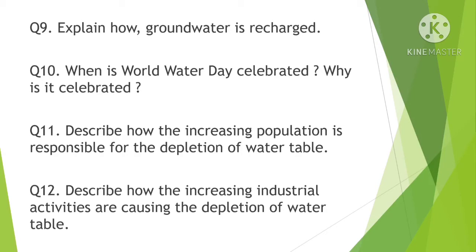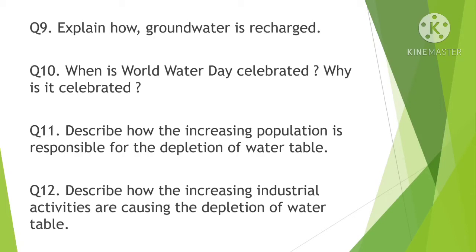Now due to the increasing population, we are building more houses, shops, offices, schools, etc. Now a large amount of groundwater is used for the construction work. Now when more and more houses and offices are being built, the open spaces like the parks and the playgrounds which have unpaved ground are reducing.